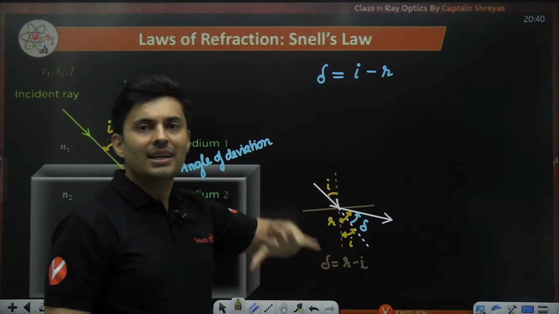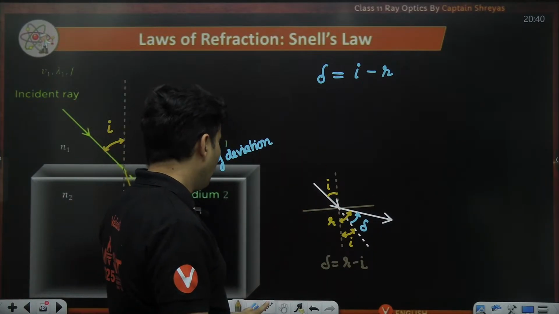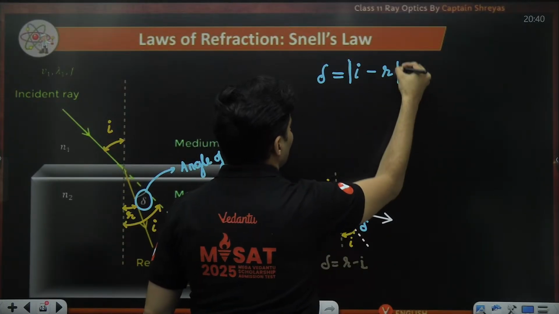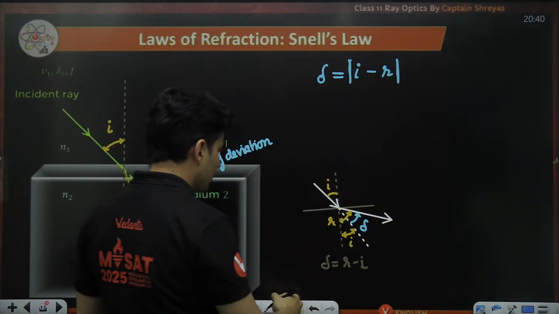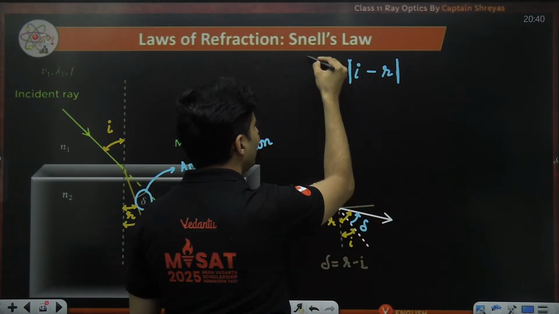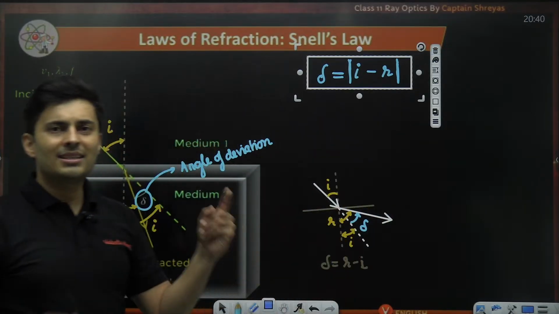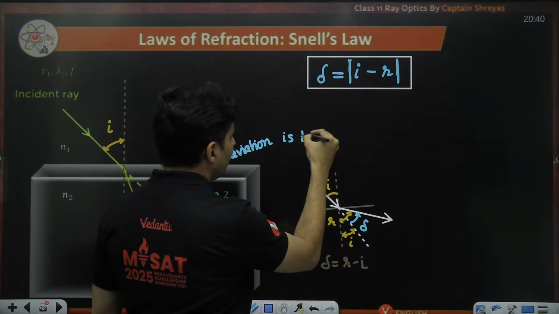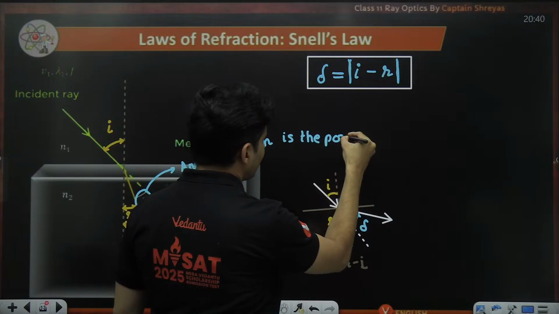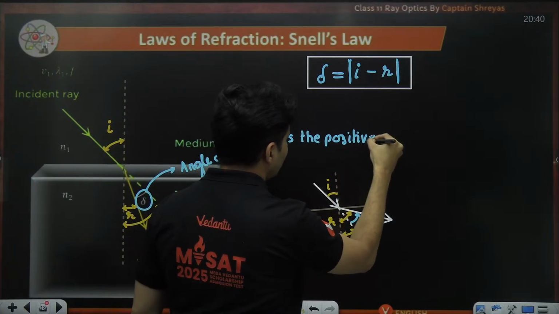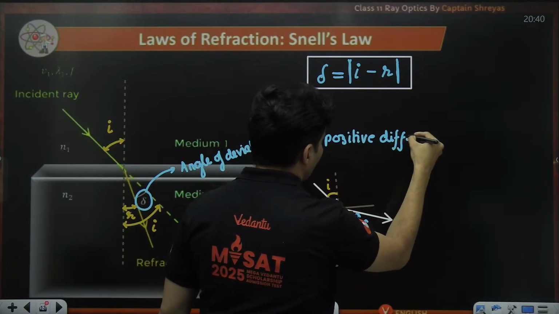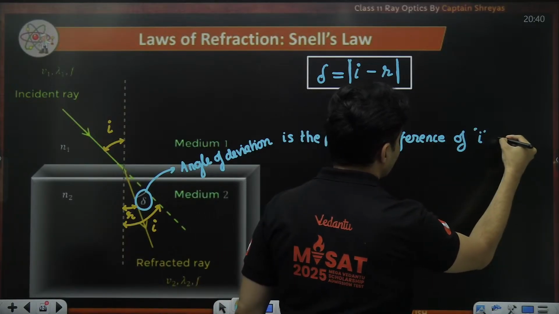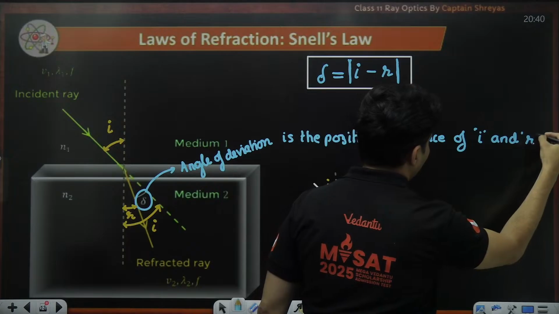So to make it simple and generic, we just put a modulus symbol over there, to make sure that our delta value always comes out positive, whether it is rare to dense or dense to rare. It's just the difference. So the angle of deviation is the positive difference, because of the modulus, of the angle of incidence and the angle of refraction.